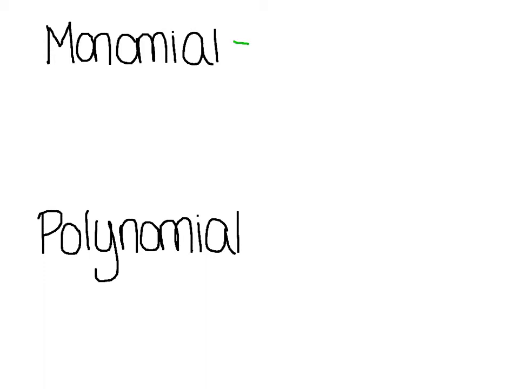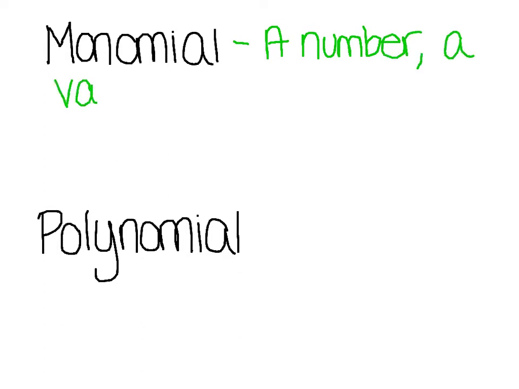We've already learned the definition of a monomial earlier this unit, but let's go over it again. A monomial can be a number, it can be a variable, or it can be a product.